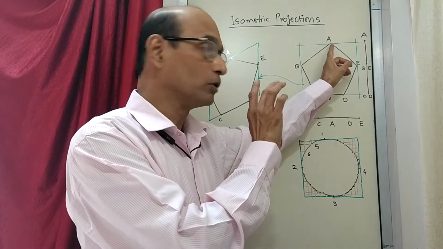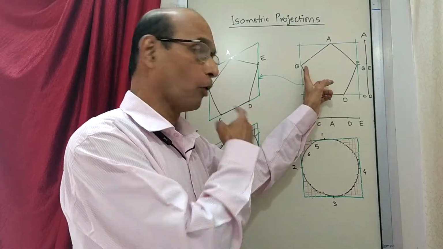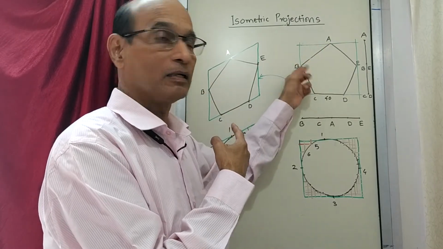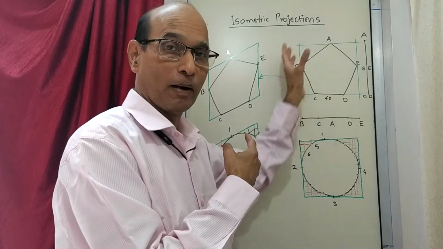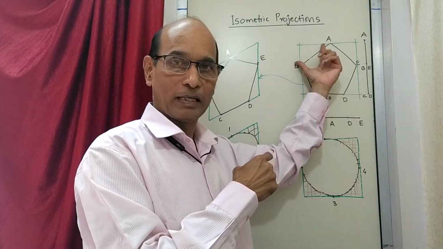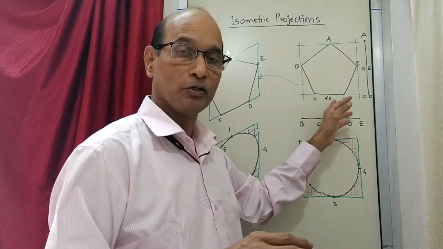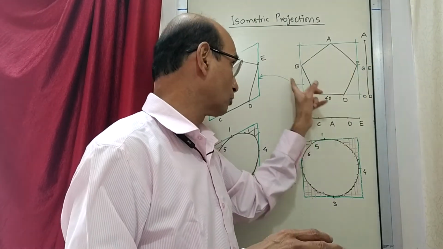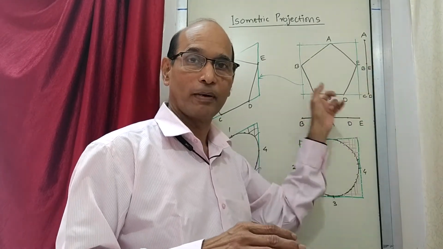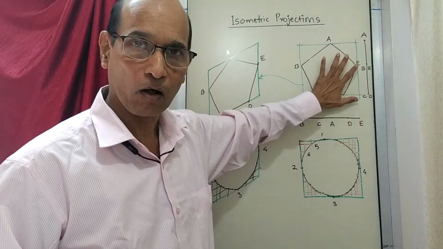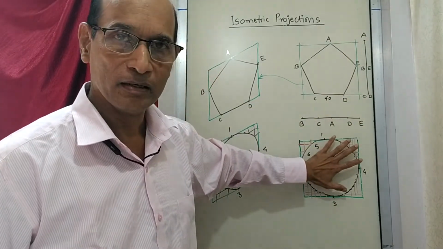Once you know how to put point A, then we learn how to put point B. When you got both the points, you joined this line, and then you say that out of the full pentagon, one side AB I can draw, and it is this. Then we continued with the rest of the points, and after drawing all these points and all the lines, our pentagon was complete.